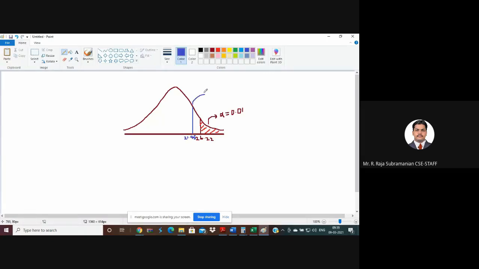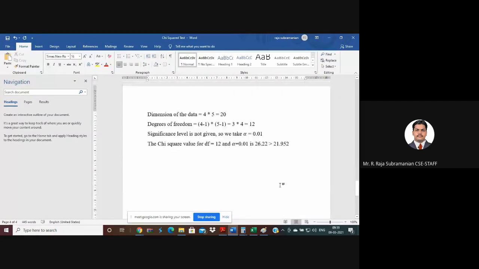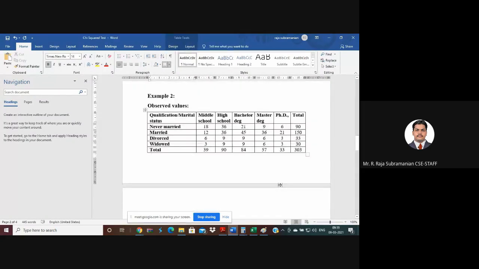So what I will do here, I can accept or reject. I do the accept. So the null hypothesis in the question says that there is no relationship between marital status and qualification. So the chi-square testing says that the actual thing is being observed, right? So we write the thing here.